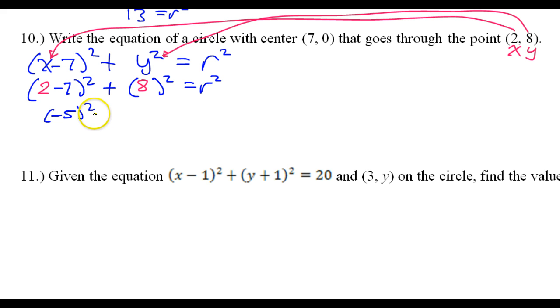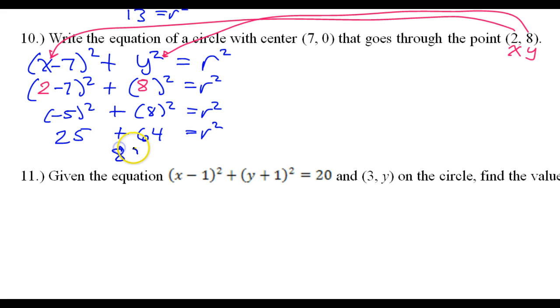Okay, get used to putting it in parentheses so that you'll remember to make it a positive 25, not a negative. Okay, so I've got my 8 squared is equal to the radius squared. So like I said, this will be a positive 25, and then 64 is equal to the radius squared.